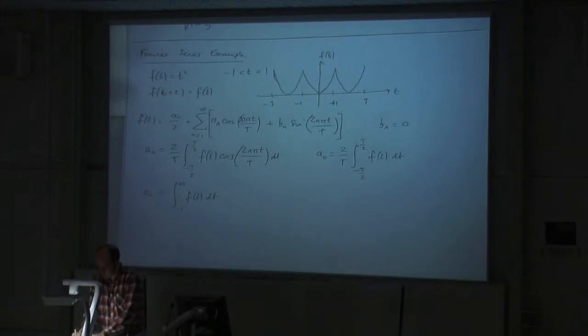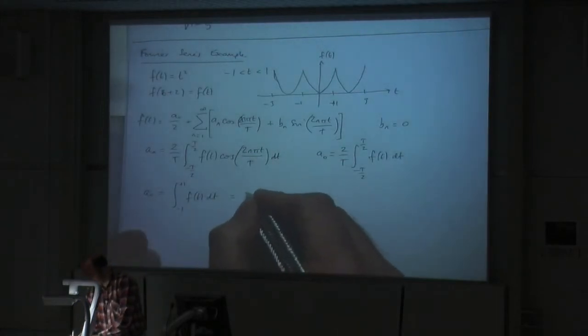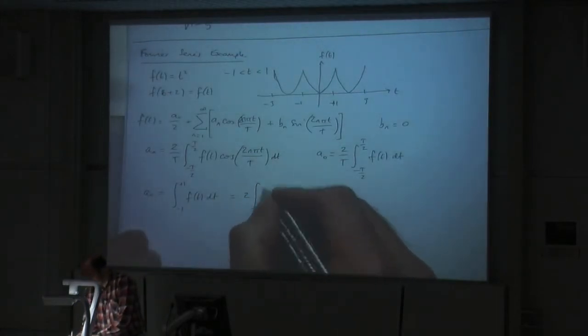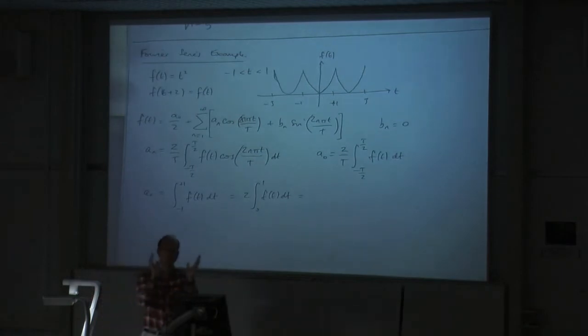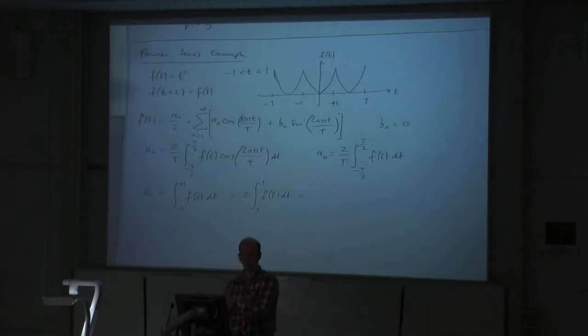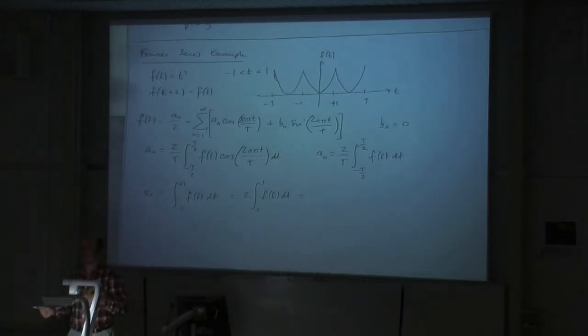Because this is an even function, we can say this is equal to 2 times the integral between 0 and 1 of f of t dt. The area on one side of the y-axis is the same as the area on the other side, so you can say it's 2 times the area on one side only. Often when you've got a 0 in the integral limits it makes life easier, because often the function will just be 0.